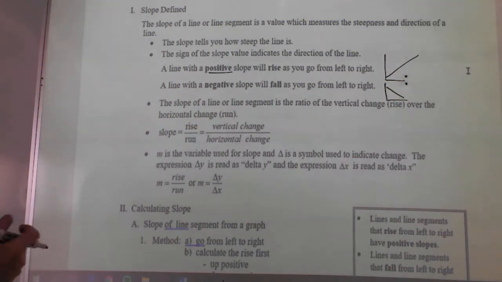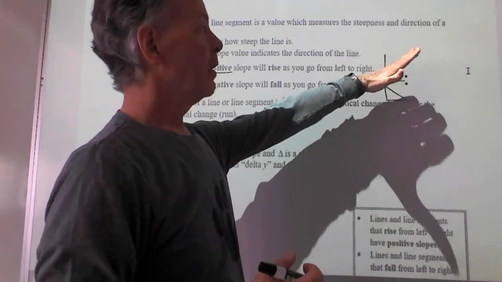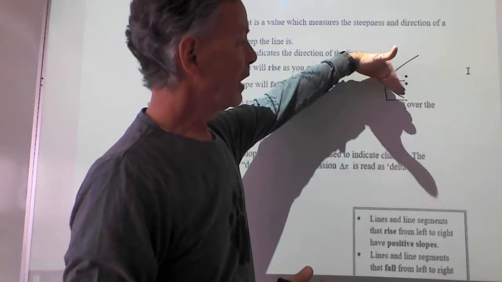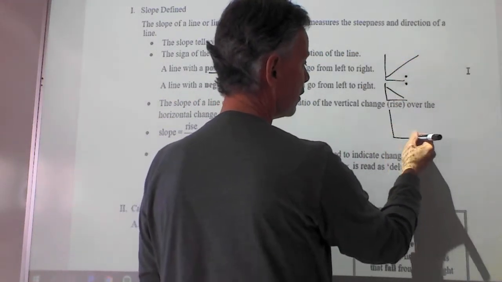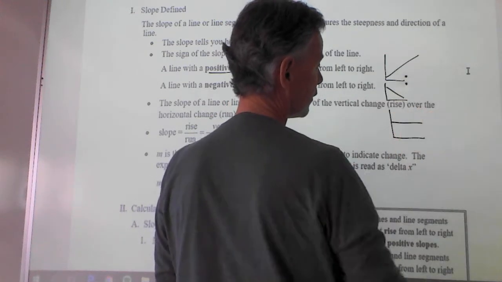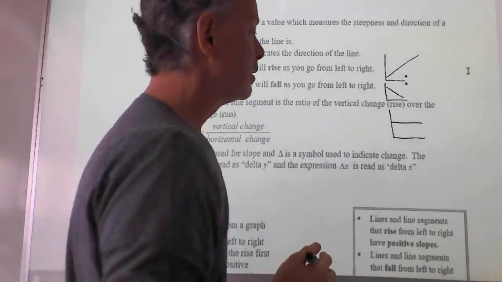Okay? Now, there are two other possibilities, right? You can have a line that slopes up, a line that slopes down, but you can also have a line that's perfectly horizontal. Okay, that's not going up or down.